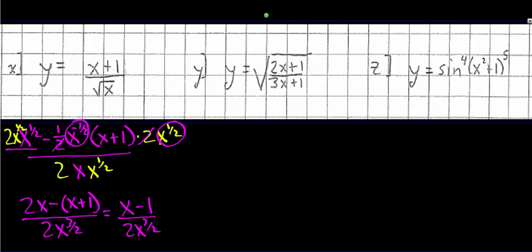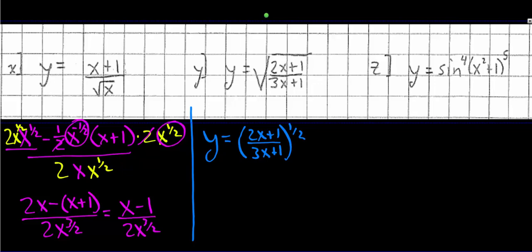Okay. Now, for this one, we've got, of course, y equals 2x plus 1 over 3x plus 1, to the 1/2. So here I go. The derivative is going to be 1/2 times 2x plus 1 over 3x plus 1, whoops, to the negative 1/2.